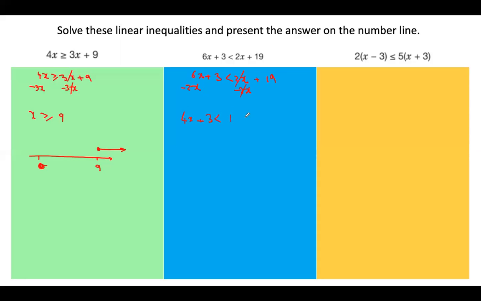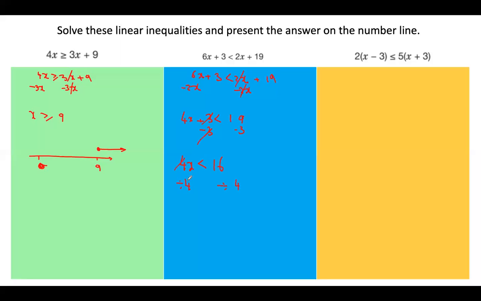smaller than 19. Right. Now we are going to get rid of the smallest number, which is 3, by doing the opposite operation, minus 3. And that's how you eliminate the 3. So 4x smaller than 19 take away 3, 16. Divide by 4, both sides, divide by 4.